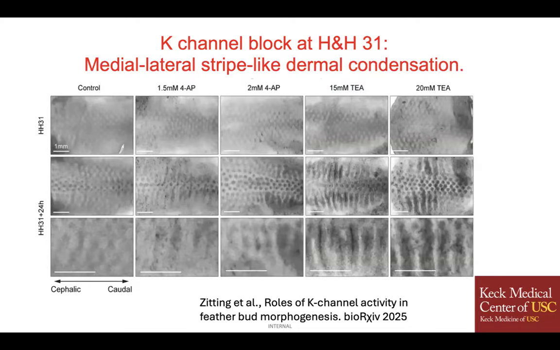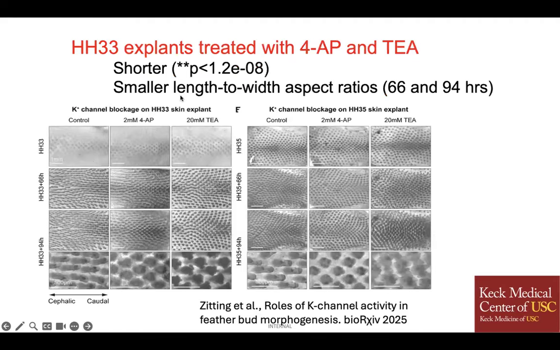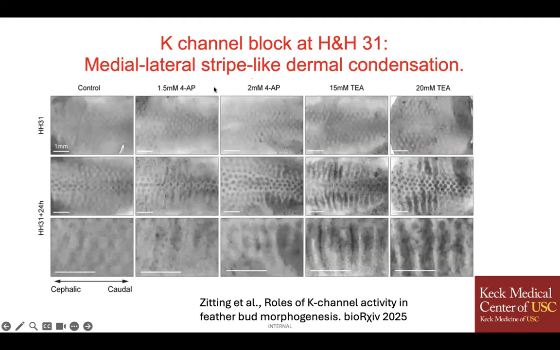So this is a figure showing control and then different levels of the blockers. This is control at stage H&H 31, and then waiting 24 hours to look at what's going on.